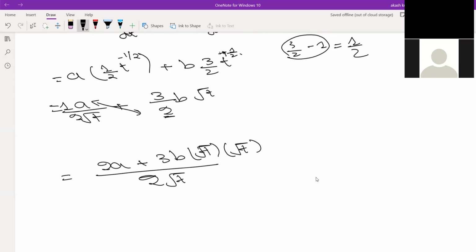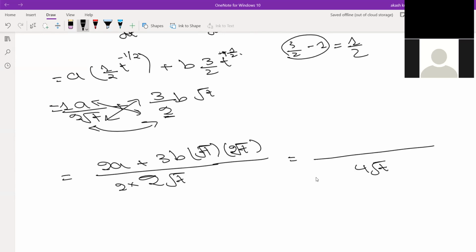So it will be 2a plus 3b square root t multiplied with 2 square root t divided by 4. You have to multiply that denominator. So it will be 2 multiplied with 2 square root t. Is it clear? 4 square root t. 2a plus 2 times 3 is 6. B and t half will be t, right?